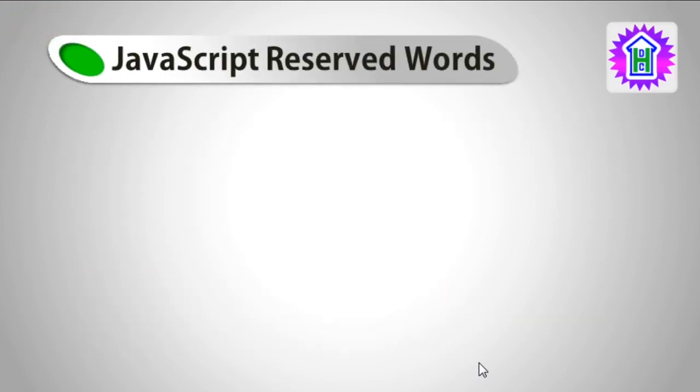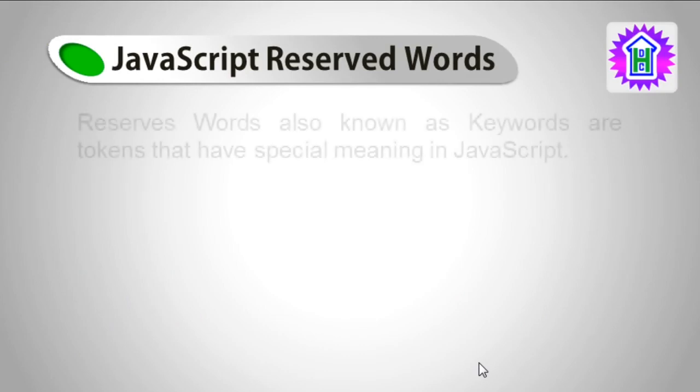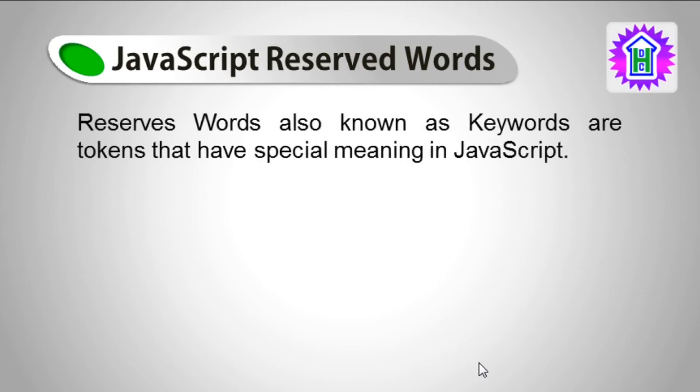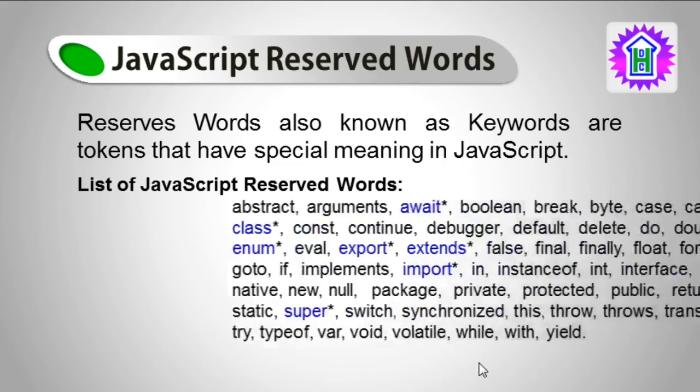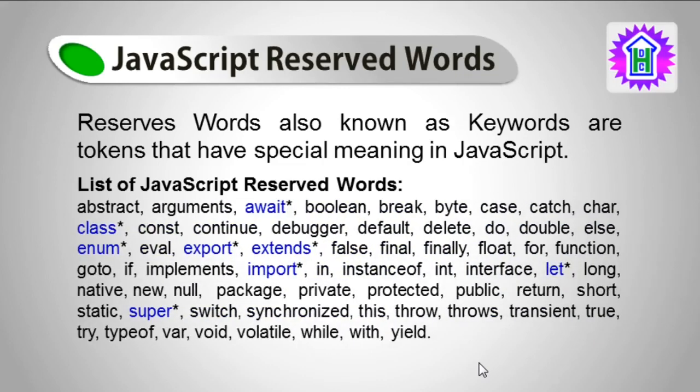Our next topic is JavaScript reserved words. Reserved words are known as keywords, and these are tokens that have special meaning in JavaScript. Let us see the list of JavaScript reserved words or keywords. So a lot of keywords are there.